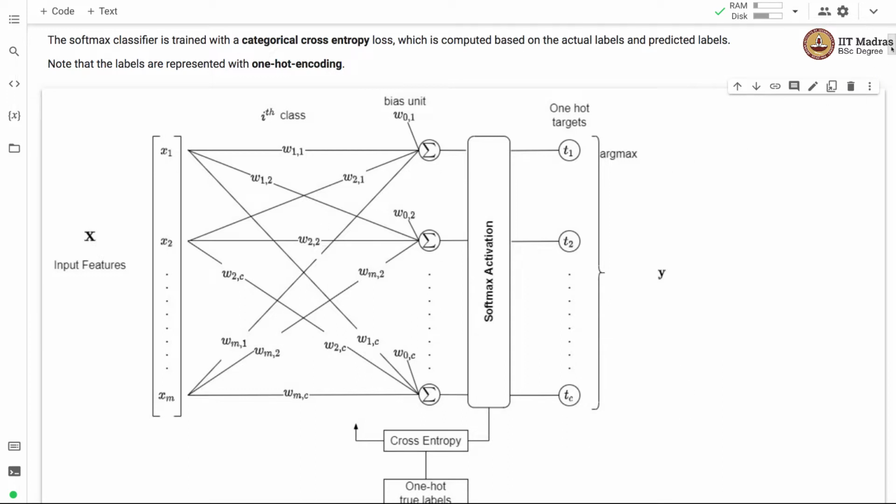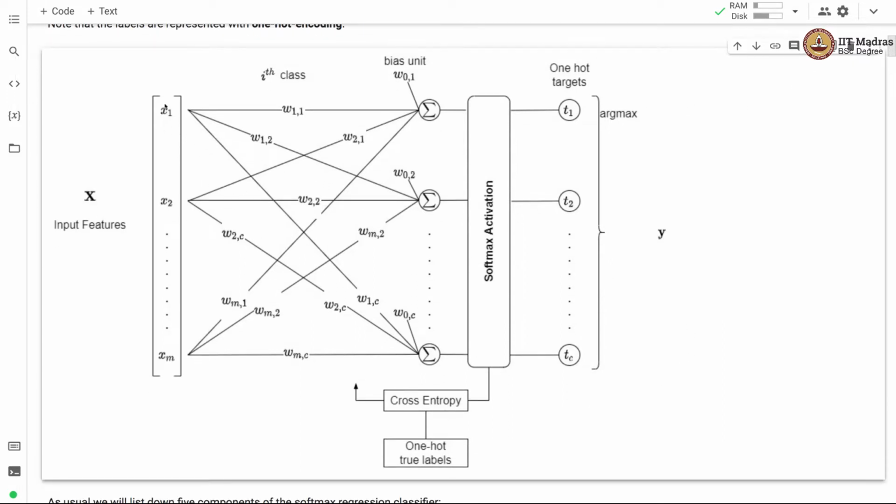So here you can see that this is the input feature vector which has got m features. Here we denote the total number of classes by C. So there are C such linear combination units. Each feature goes through each of these C linear combination units.